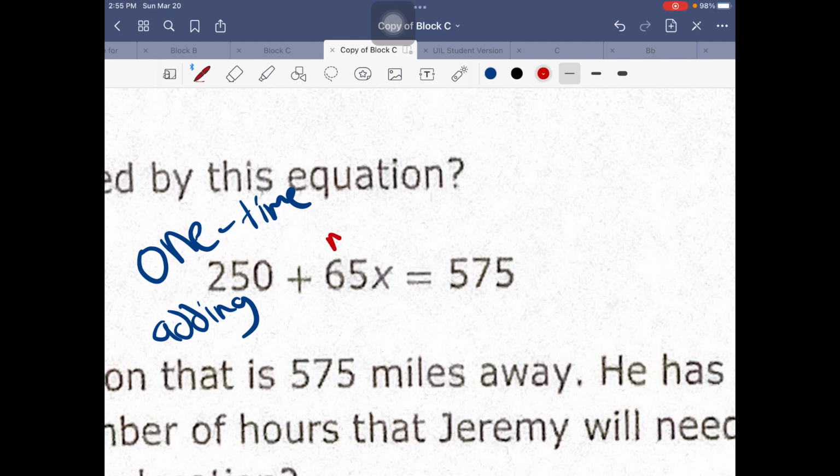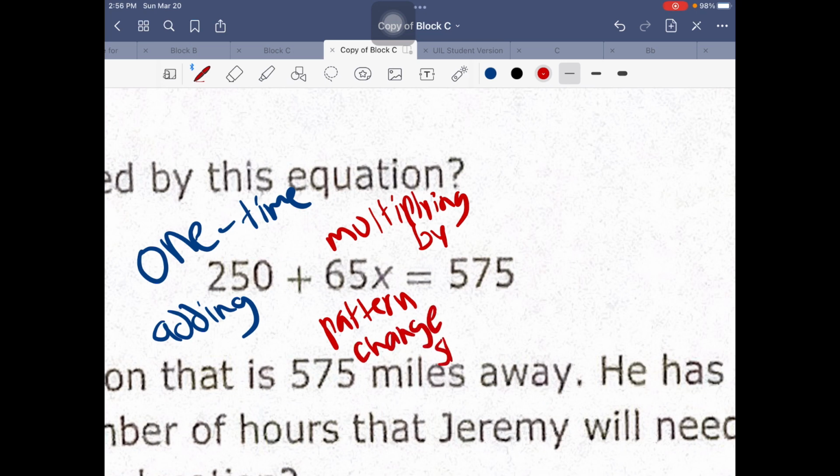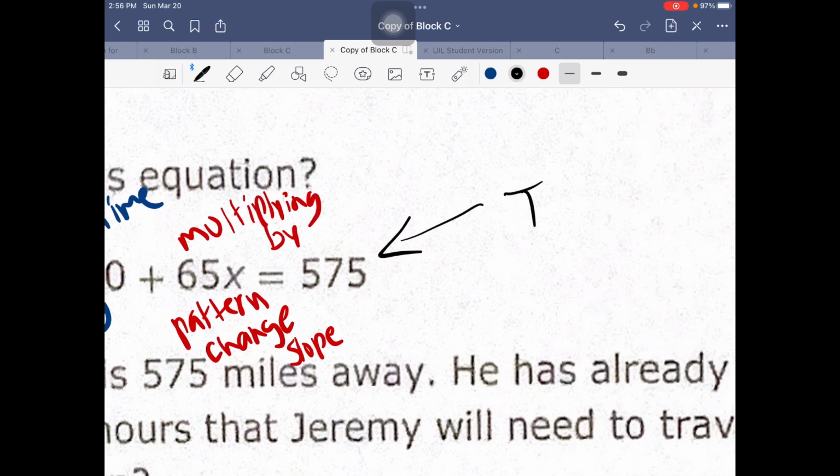This means 65x. This is what you're multiplying by your pattern, right? The change. The slope, however you want to call it. And then, last but not least, equals the total. So the total is 575.